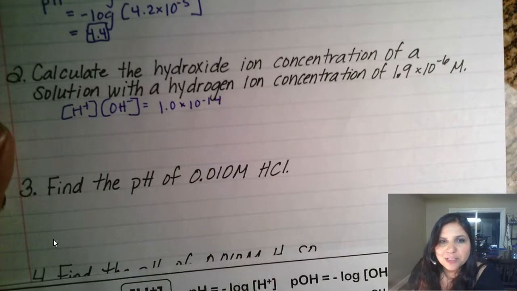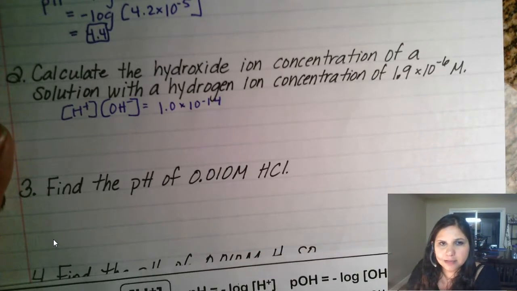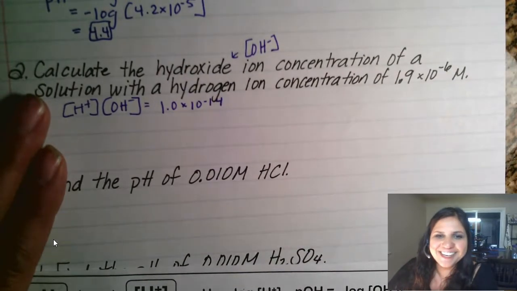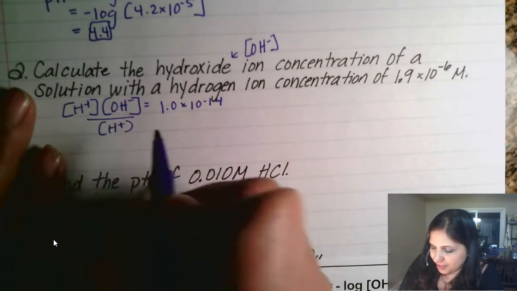Okay, well, I want to solve for the hydroxide ion concentration. That is the OH minus. That's the hydroxide ion concentration. Okay, and so that means I'm going to solve for that one, so let's divide both sides by the hydrogen ion concentration.